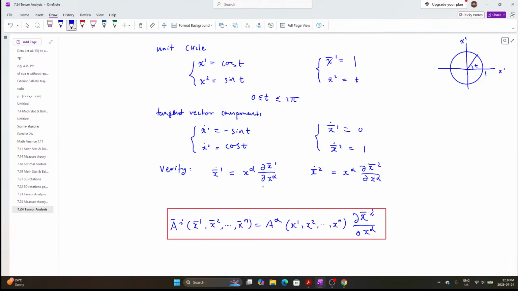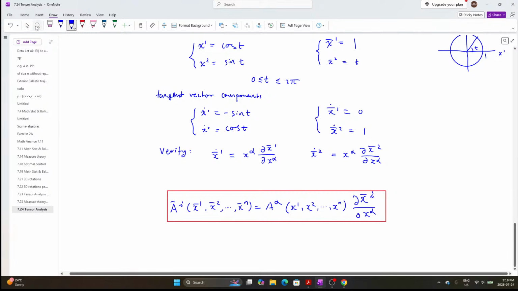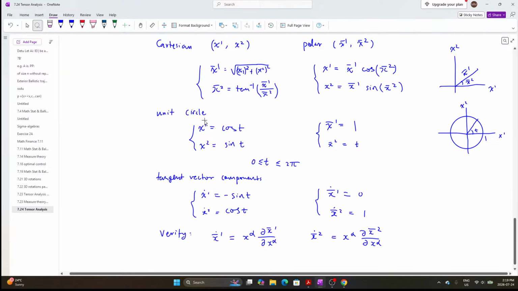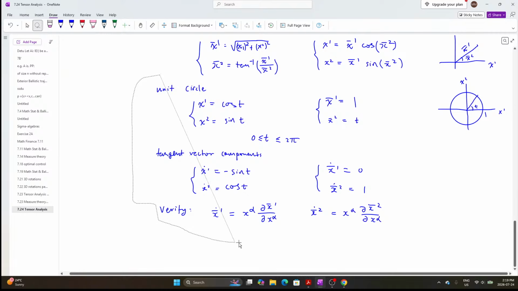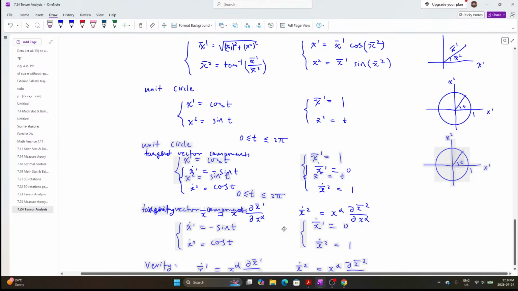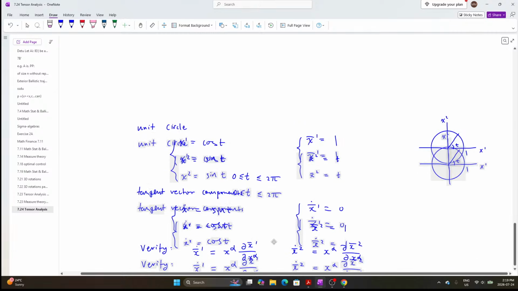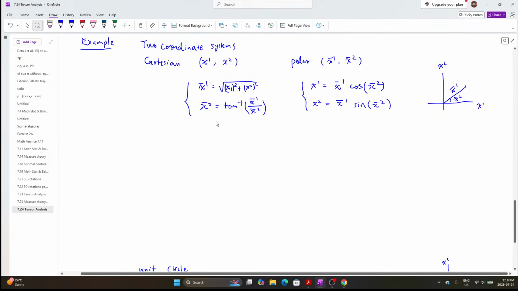Okay, so we need to verify that. All right, so let's calculate the Jacobian. In fact, you know what? Let's put it right under the coordinate transformation. Let's calculate the Jacobian. So once again, this should be familiar from multivariable calculus.